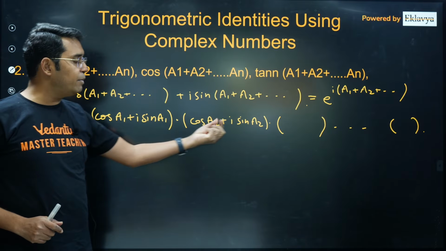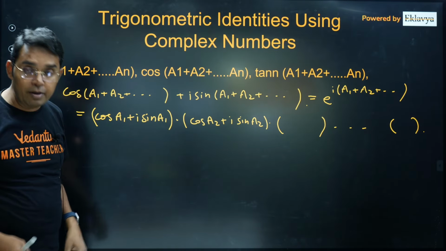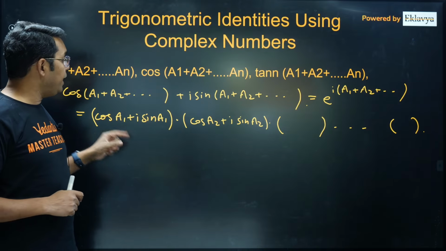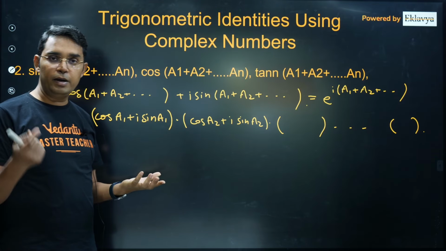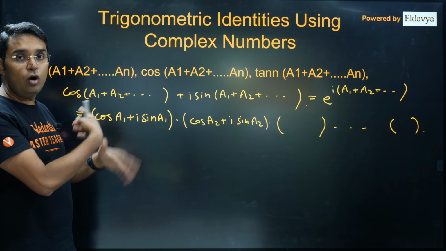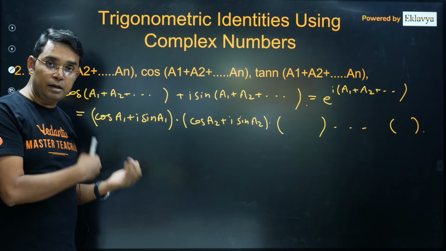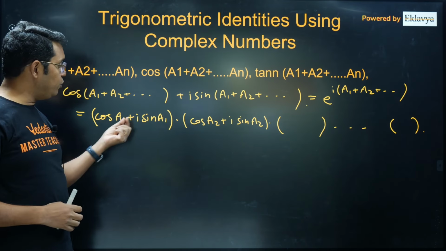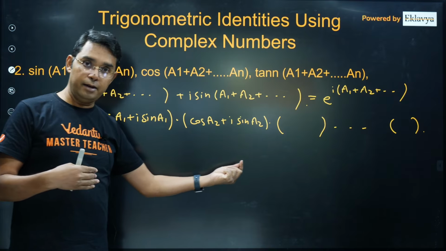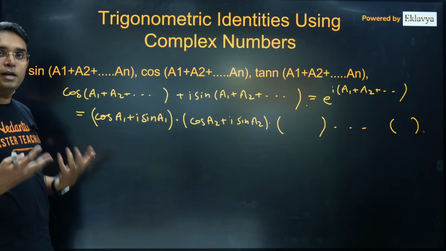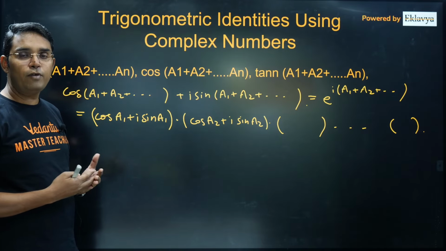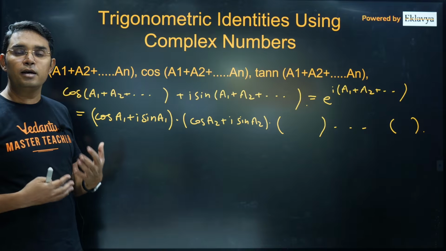When all the cos are multiplied, that will definitely come in the real part. And then if you multiply two sines, then iota into iota will become -1, and all remaining cos are multiplied, then also you get that term in the real part. Similarly, if you multiply 4 terms of sine and the remaining of cos, that also will come into the real part.